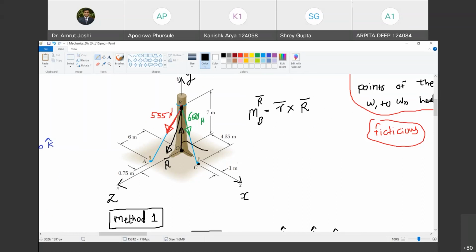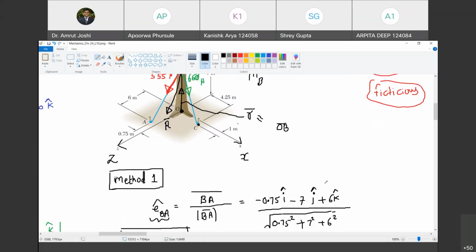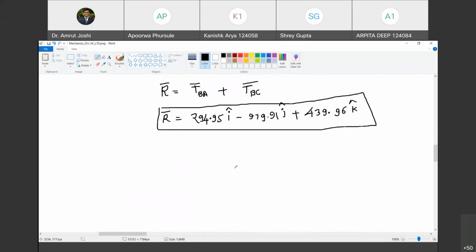Because we are taking moment at O and this R bar is acting at B, the position vector will be directed from O to B, shown as this vertical line from O to B. Do you agree with me? Yes, sir. Therefore, I say OB bar is equal to small r bar. Do you agree with me? Yes, sir. So what is the next thing?